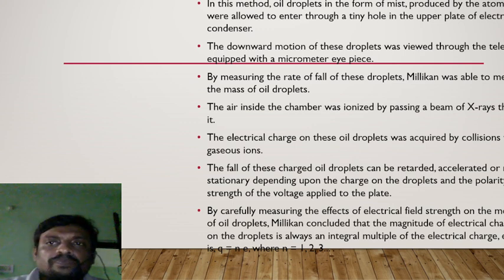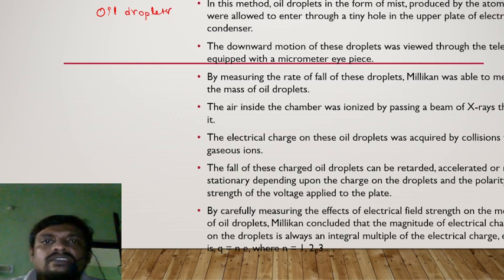So here, in this method, he has taken an oil drop. Carefully listen here. That is why I have displayed the content required. He has displayed oil droplets in the form of mist.